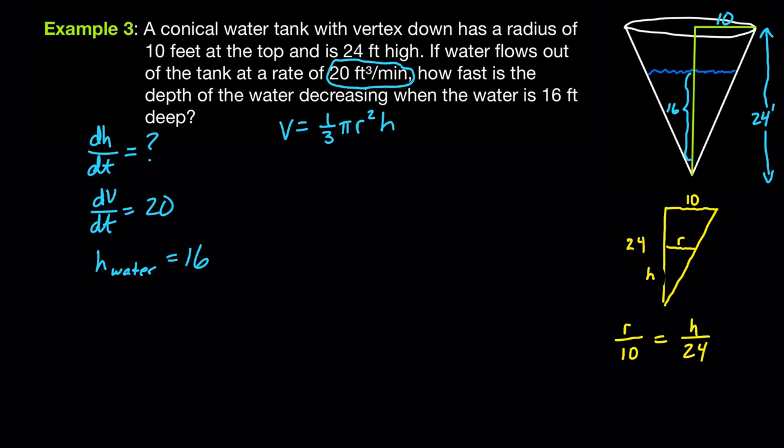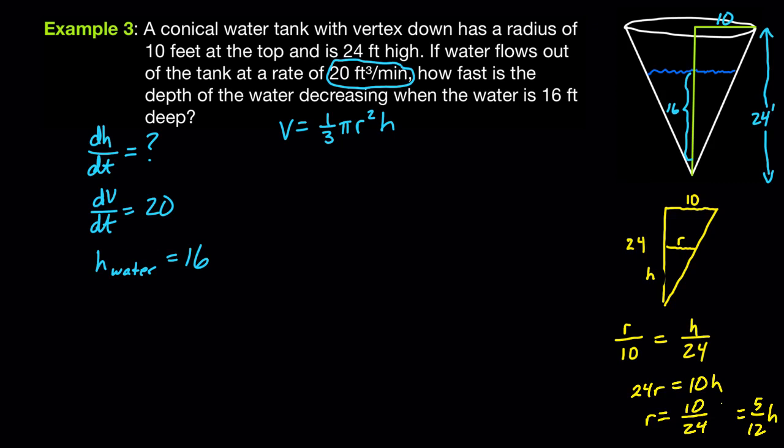So if we cross multiply, that is going to give us 24r is equal to 10h. Dividing by 24 gives us 10 over 24 h, which we can reduce to 5 over 12 h. And that's what r equals, not h.